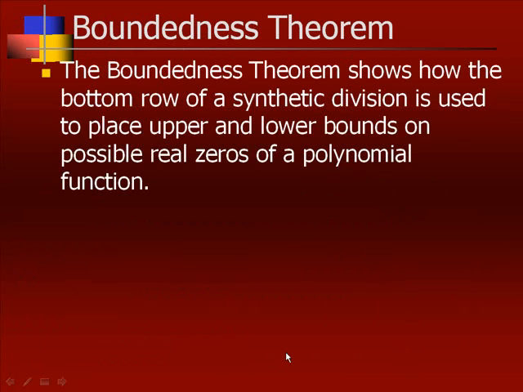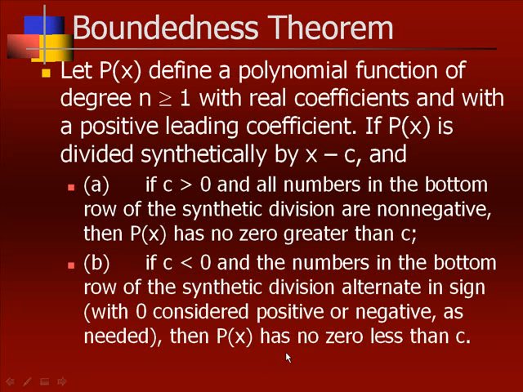Now, there's a boundedness theorem that shows how the bottom row of synthetic division is used to place upper and lower bounds on possible real zeros of a polynomial function. It says, let p of x define a polynomial function with degree n greater than or equal to 1, with real coefficients and with a positive leading coefficient.